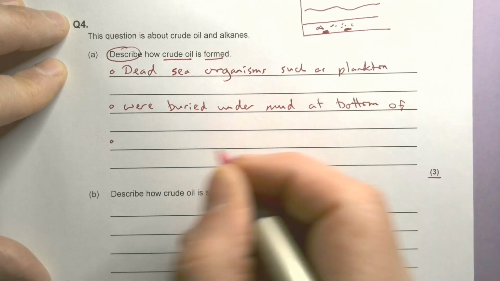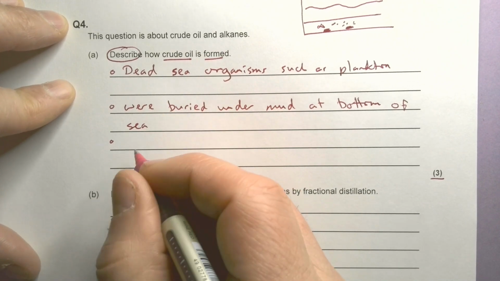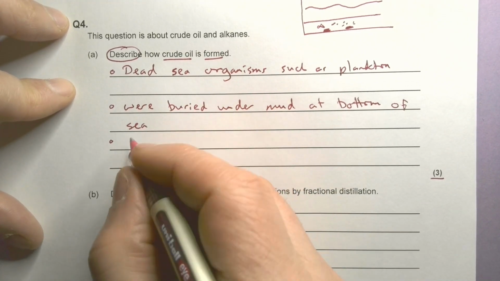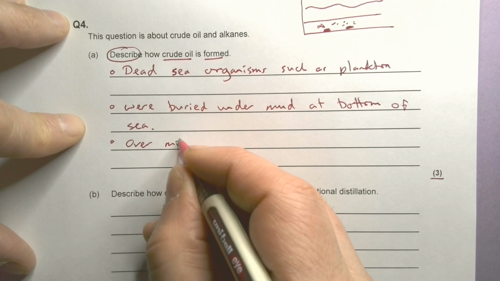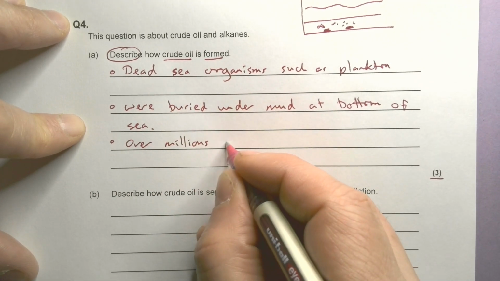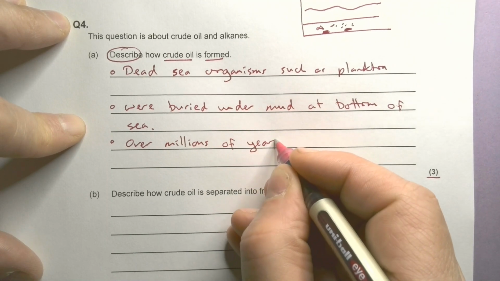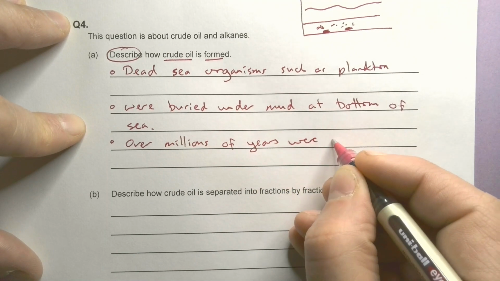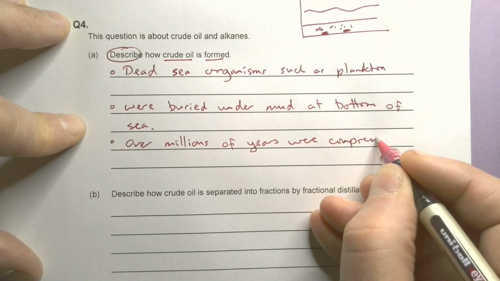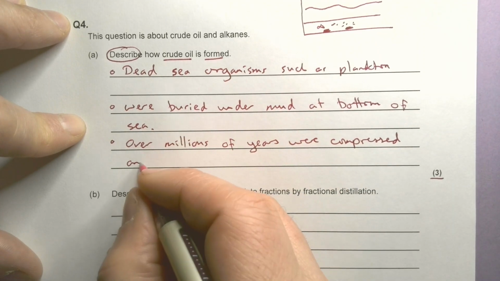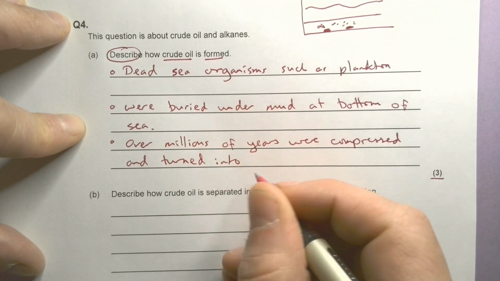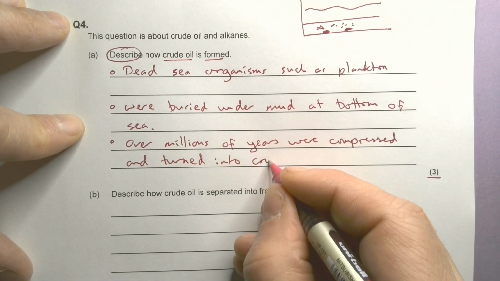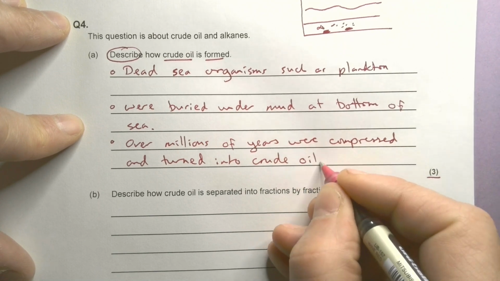And over millions of years, a long time, they were compressed and turned into crude oil.